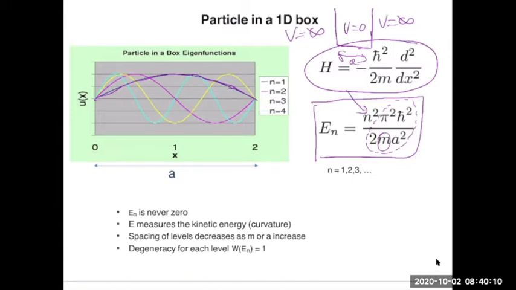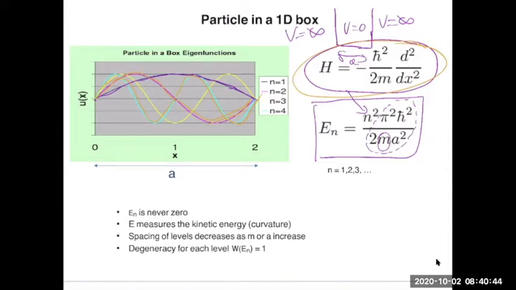If you look at n equals 2, it's this, mauve, pink, this thing here, so it has more curvature. If I go to n equals 4, I get this one here. The larger n becomes, the more oscillations I get in the wave function, so the higher the kinetic energy of my system, because this operator is the kinetic energy operator. I'm essentially adding up all the curvature of the system.